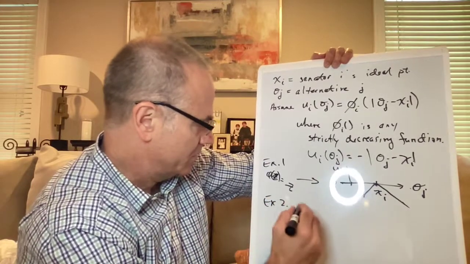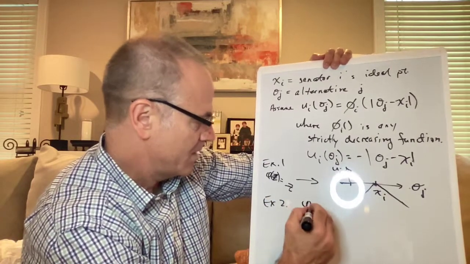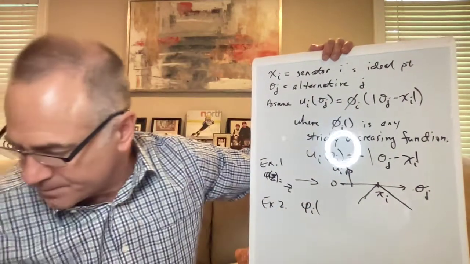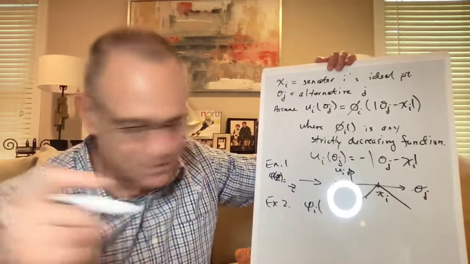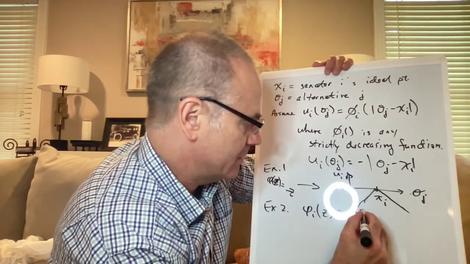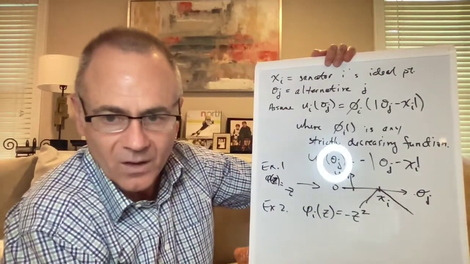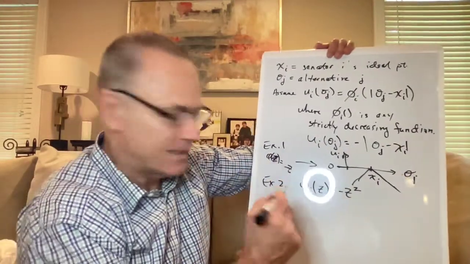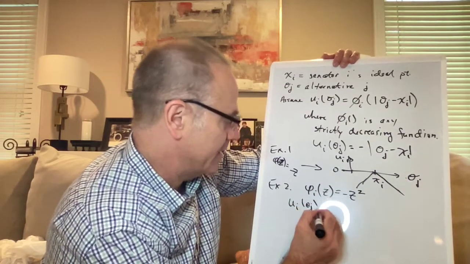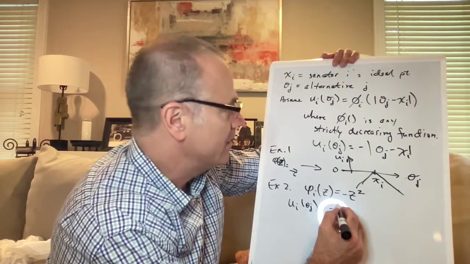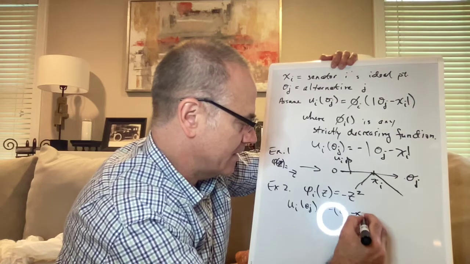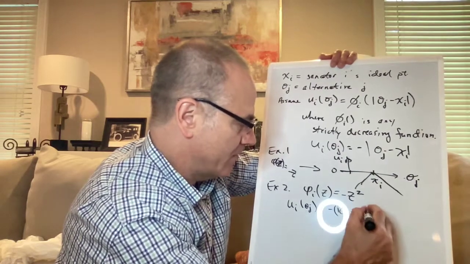Example 2, let's make it phi i of z equals negative z squared. Okay. If that's the case, then u sub i of theta j just equals negative of the absolute value of theta j minus xi, squared.